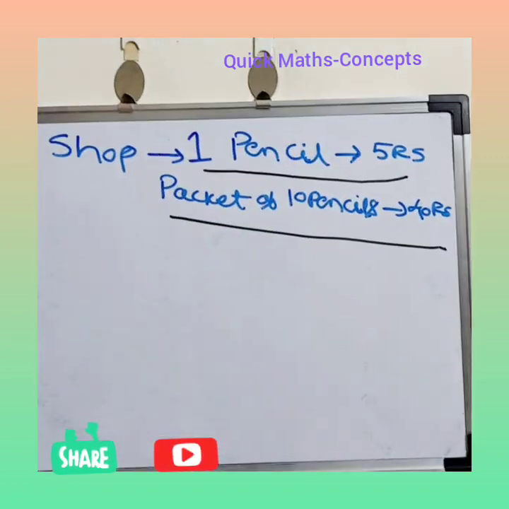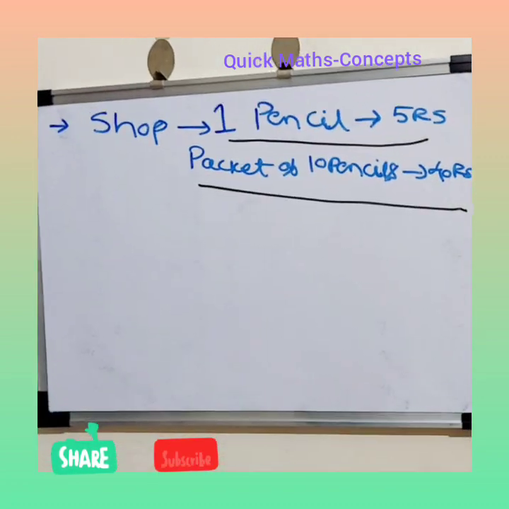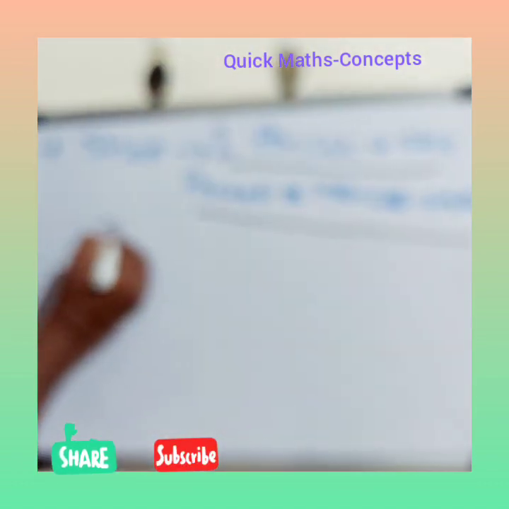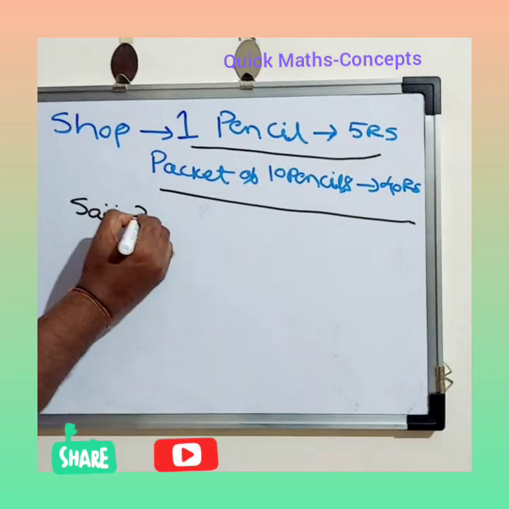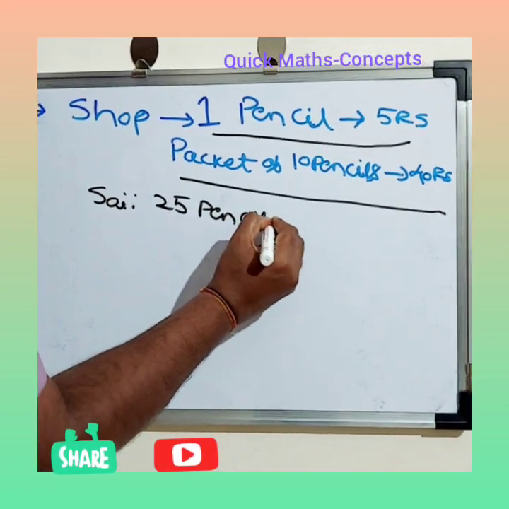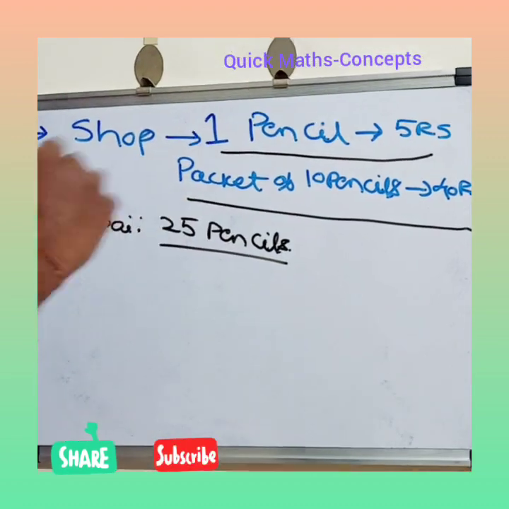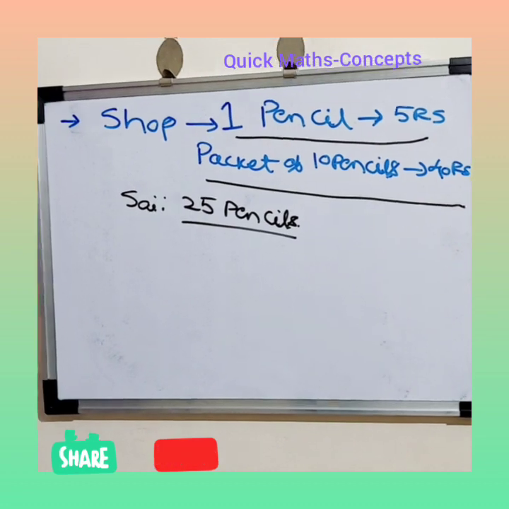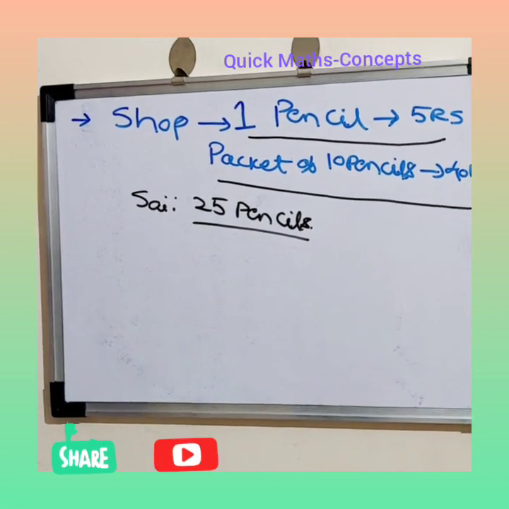If a customer named Sai purchased a total of 25 pencils, how much amount did Sai pay to the shopkeeper?